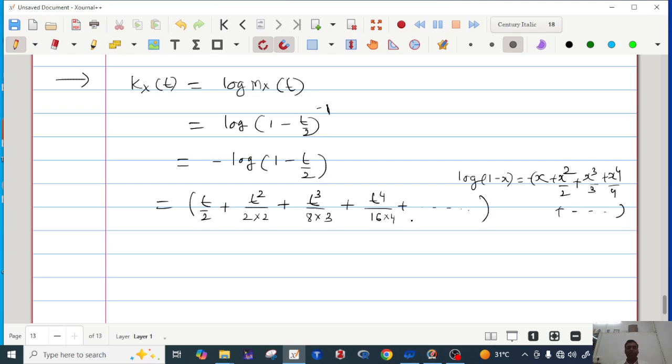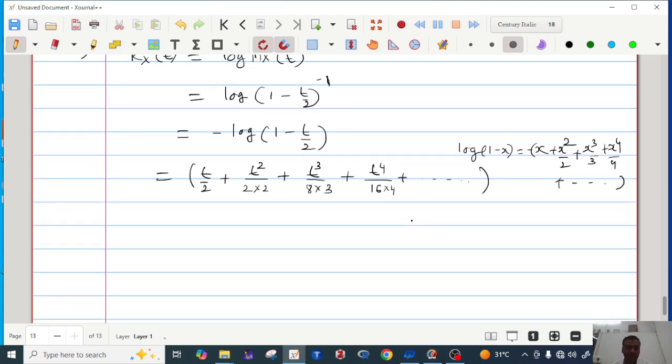So this is the cumulant generating function KX of t. What we define: Kr equals the coefficient of t raised to r upon r factorial.